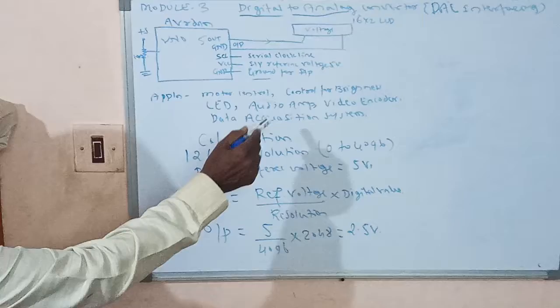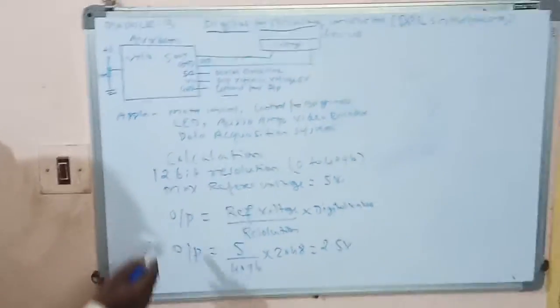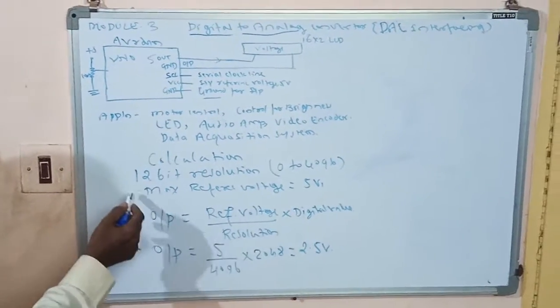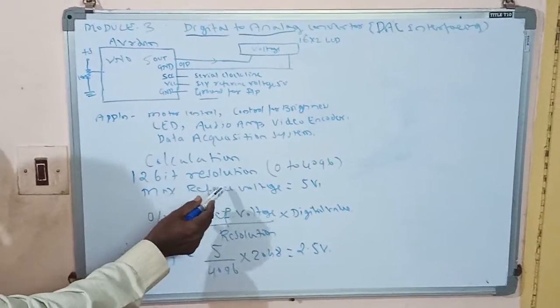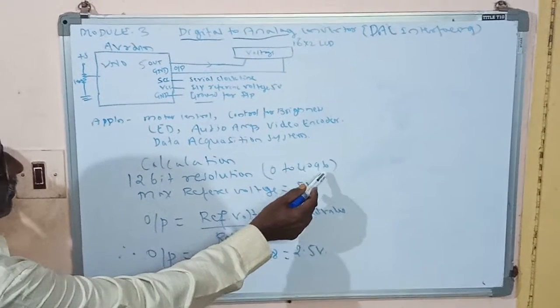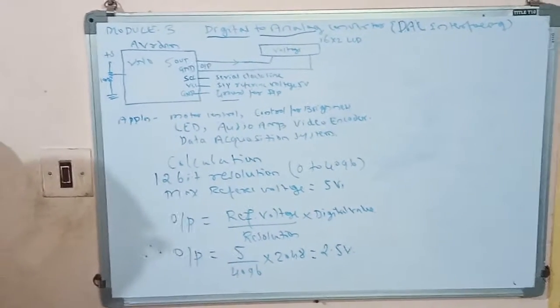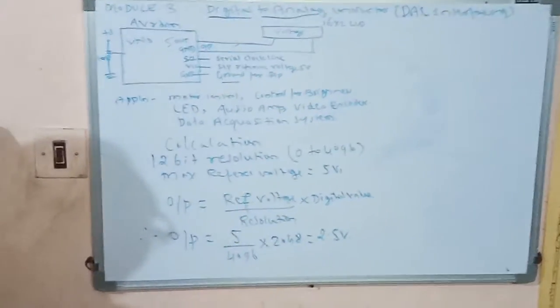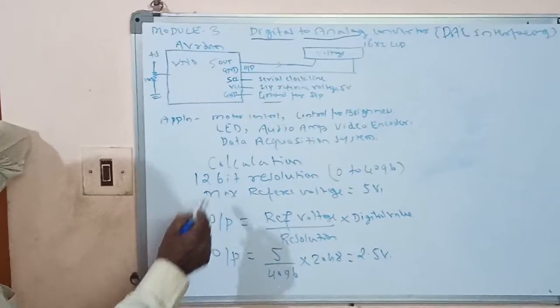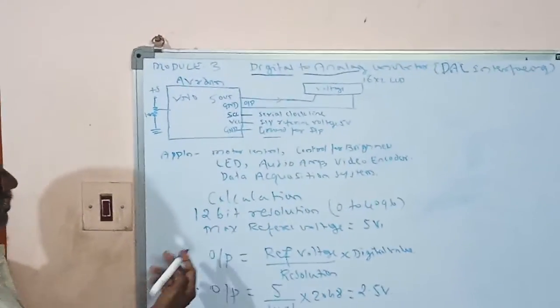Then another important parameter for hardware calculation is most important. We have to select 12 bit or 16 bit, 12 bit resolution. Minimum integer value is 0 to 4096. The maximum is 4096 for the integer values, and you can select the maximum reference voltage as 5 volts.